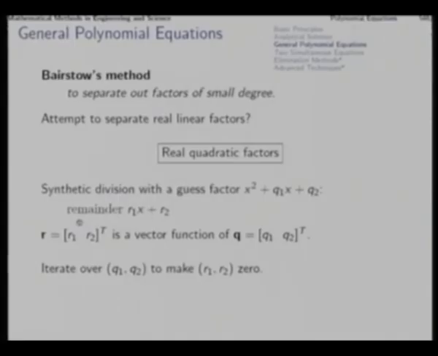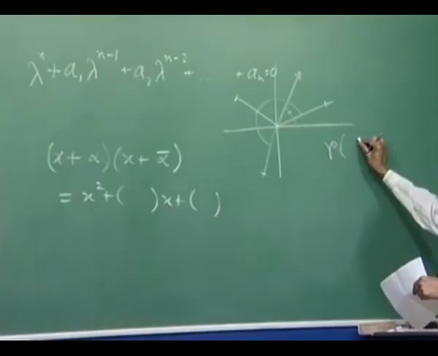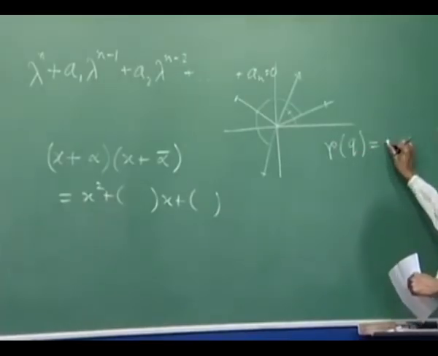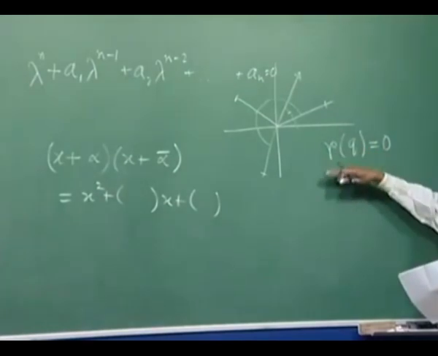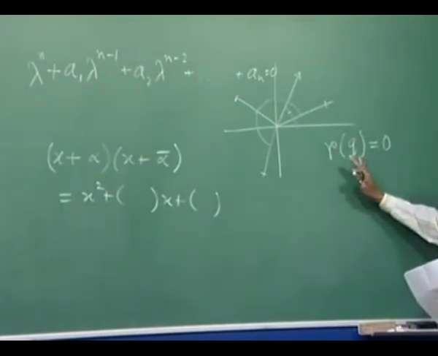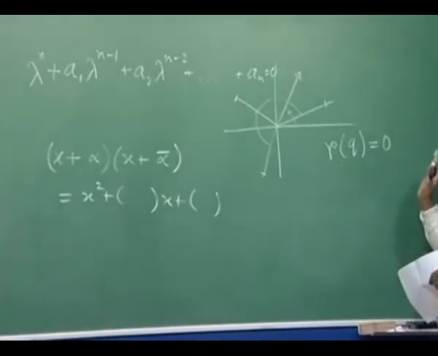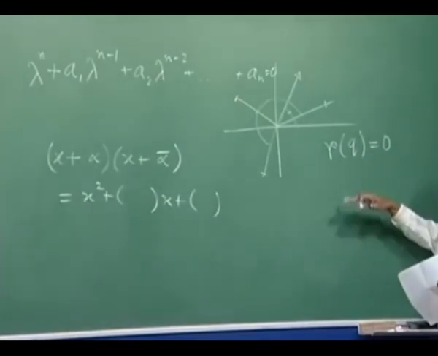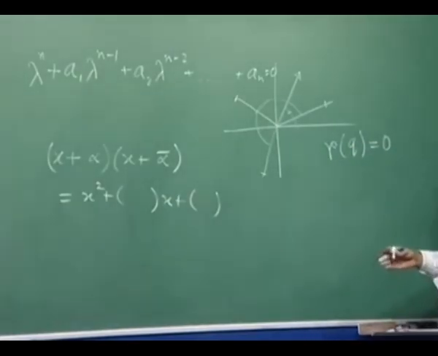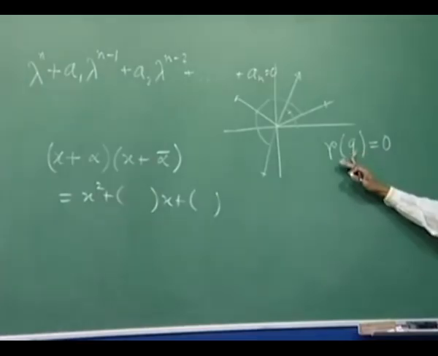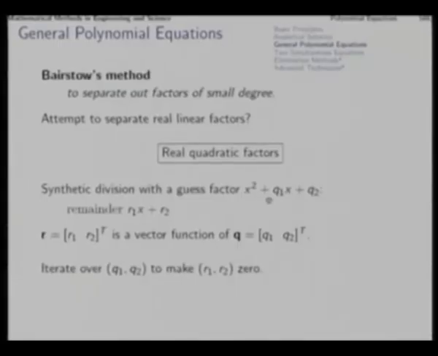So, we write that as a function: r of q equal to 0, this system of two equations in two unknowns, the unknowns are q1, q2 and the equations are r1 equal to 0, r2 equal to 0. So, these two equations in these two unknowns we try to solve. That means, iteratively we change the q1, q2 values in our guess, which will make the remainder vanish.